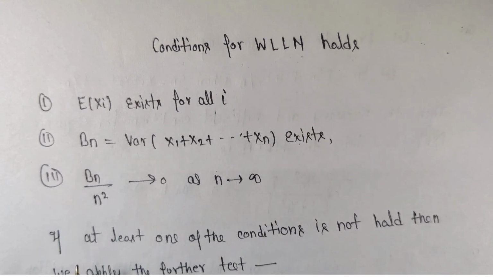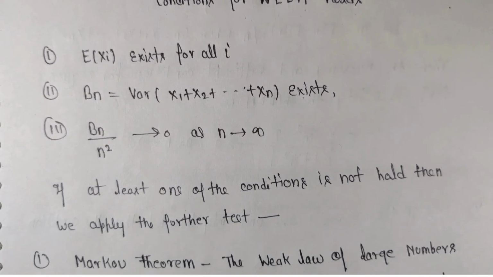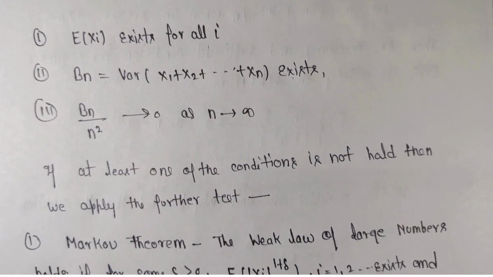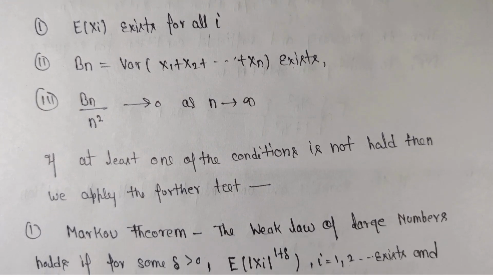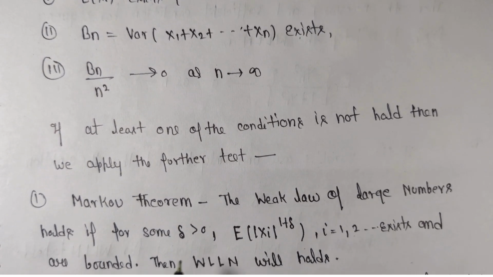Now, if at least one of the conditions does not hold, then what will we do? If any of these three conditions does not hold, then we have one alternative, known as the Markov theorem. Now you can see here what the Markov theorem is. I have mentioned here the statement of the Markov theorem.